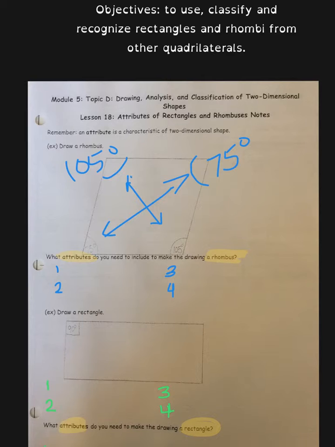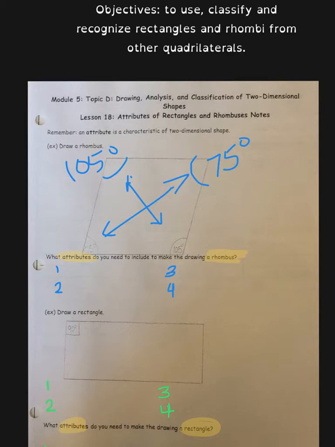If we can do that math in our head real quick, 105 plus 105 is 210, and 75 plus 75 is 150. So 150 plus 210 is 360. So we have ourselves a, wait for it, hopefully you said what we worked on yesterday, which was a parallelogram, right?